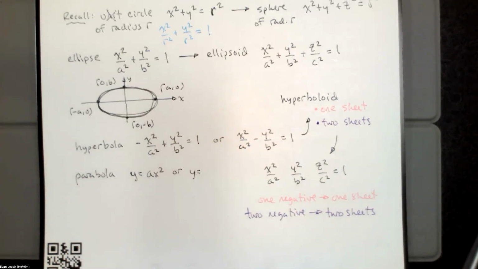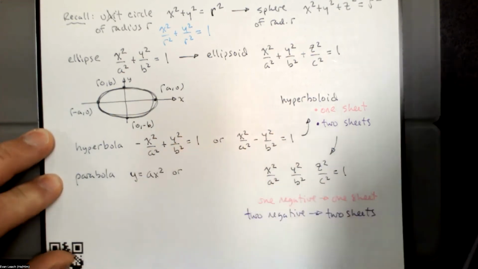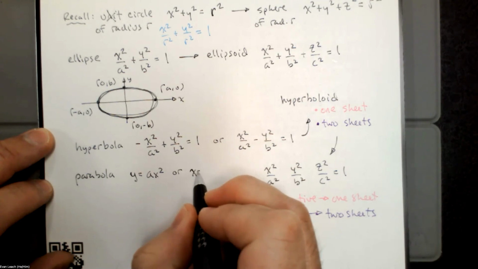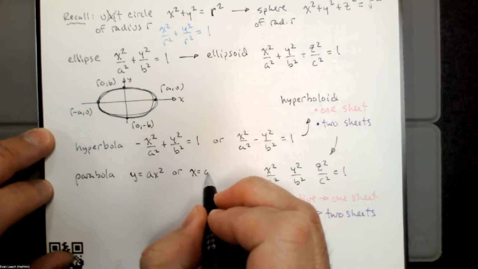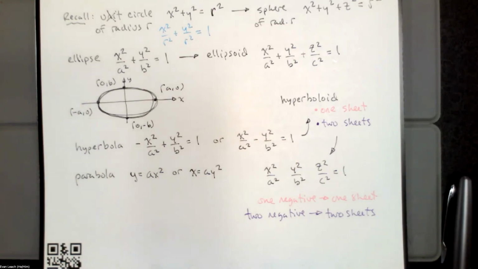So, if we take, instead of having x squared and y squared, if we just drop one of them down to degree 1, then we end up with a parabola.